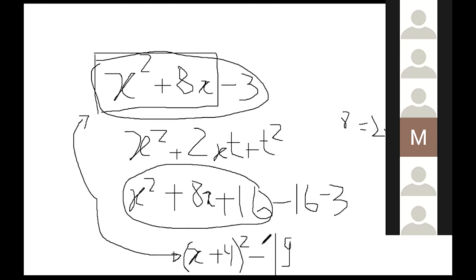Now I can graph it a little bit easier because I have -4, -19 as my vertex, and I know the y-intercept is -3. So I have a few points that I can use, so I can make a sketch of my graph a little bit easier, right? Okay. Makes sense, guys.